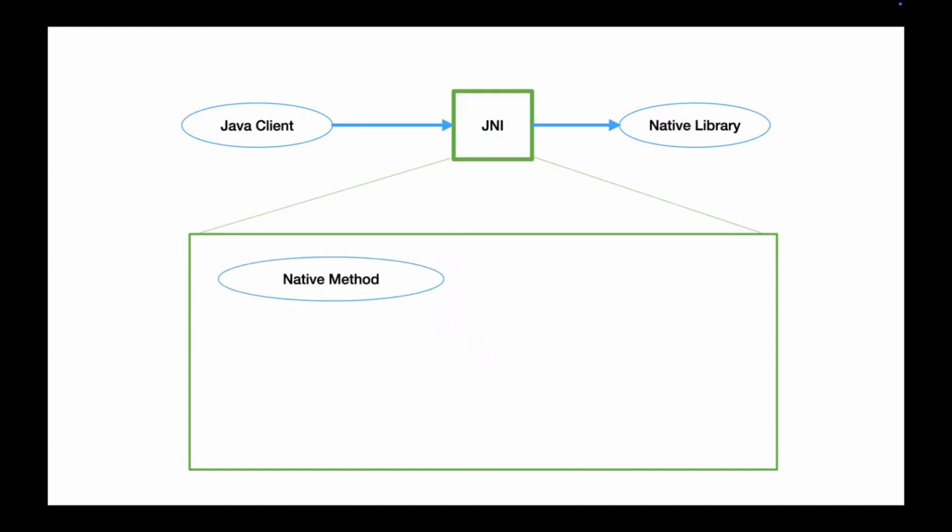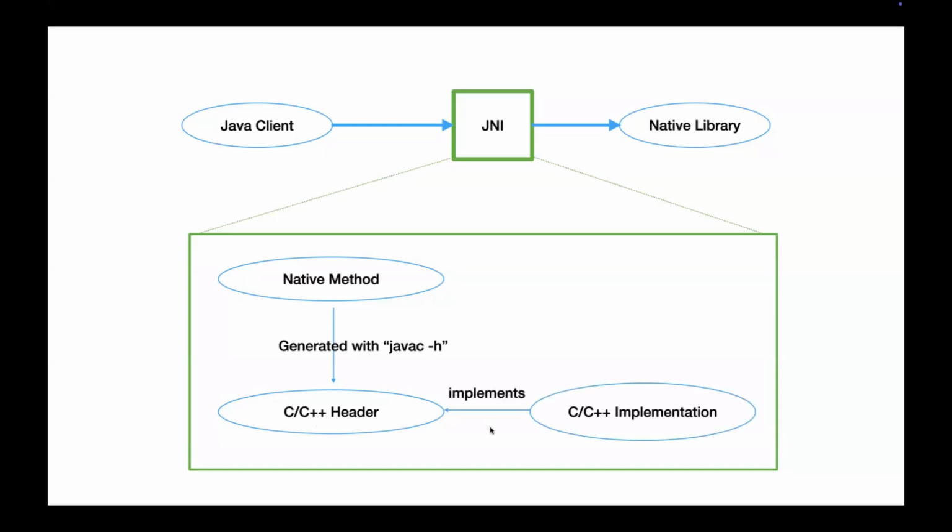Of course, as I just said, you have to declare a native method in your Java code, and then you can generate a C++ header file out of your Java code for this native method. Then you have to implement this in a native language, in this case C or C++, and pack everything up into a library.